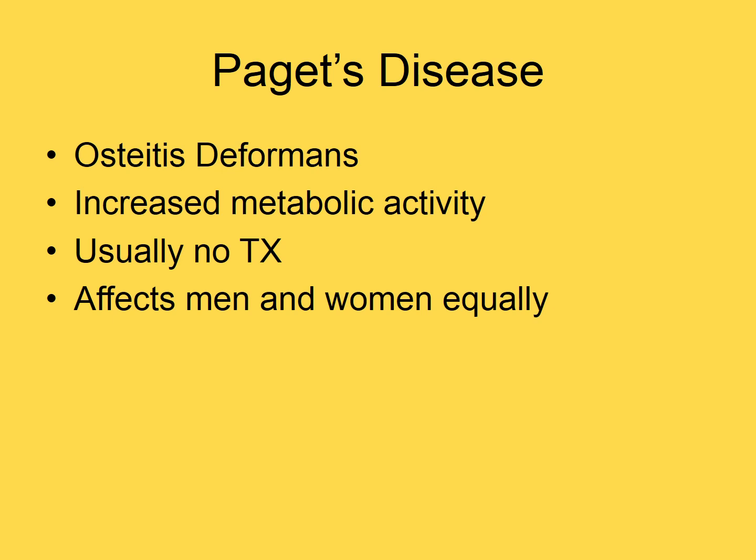The reason why it must be treated is because Paget's disease can lead to other things: arthritis, hearing loss, heart disease, kidney stone, sarcoma, other nervous system impairment. So this is why we have to treat it. Similar drugs as osteoporosis. Next slide.